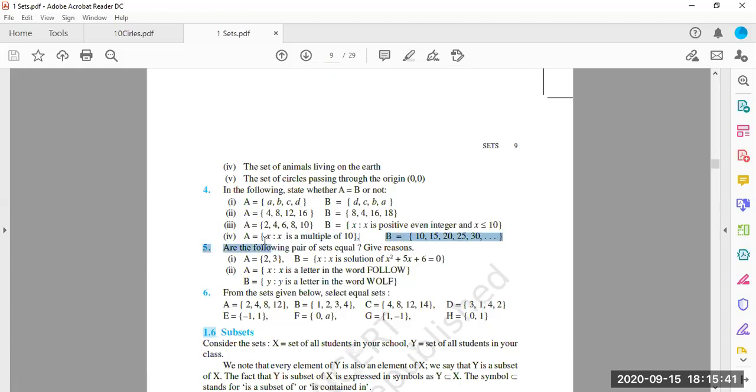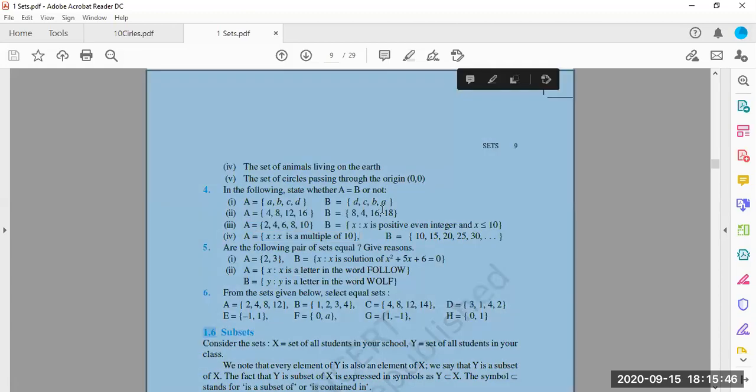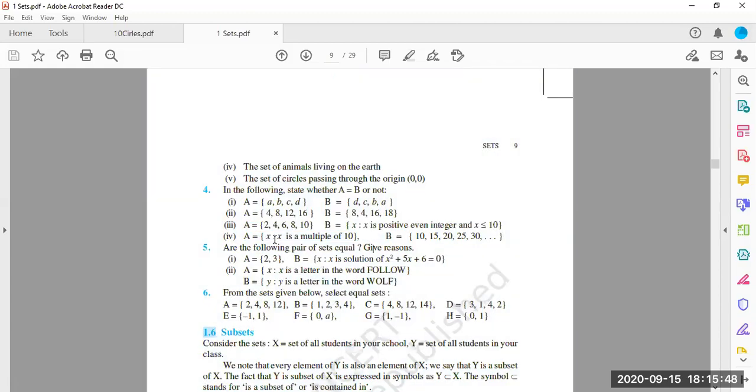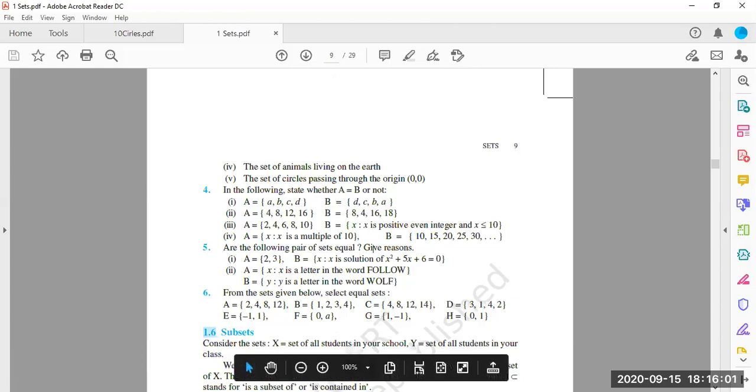I want you to practice how to give a statement of a set in set builder form. And what about B? No, 15 is not a multiple of 10. So A is not equal to B. Very good.